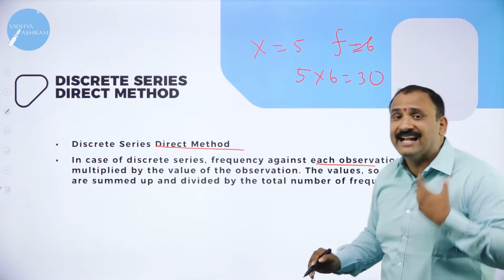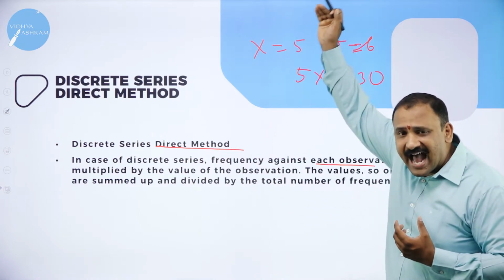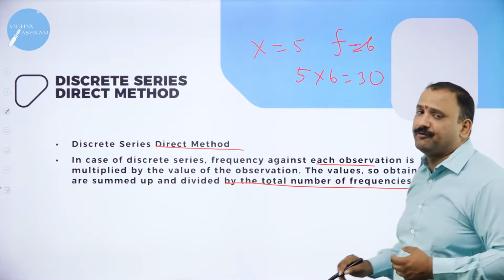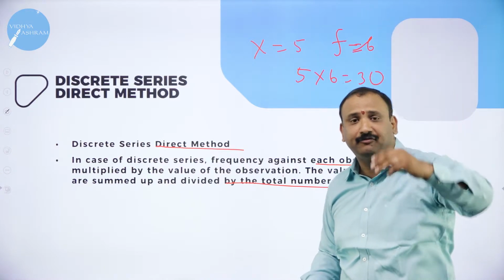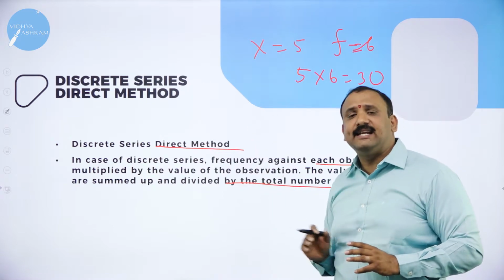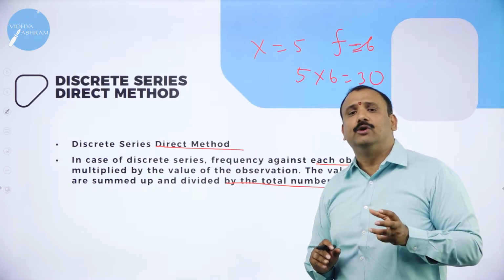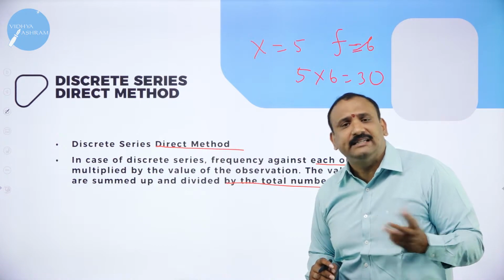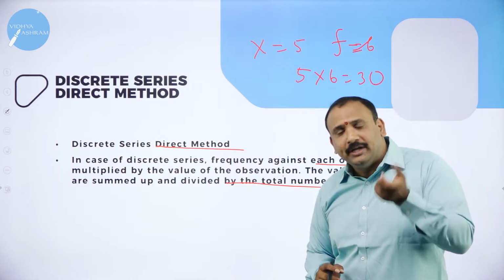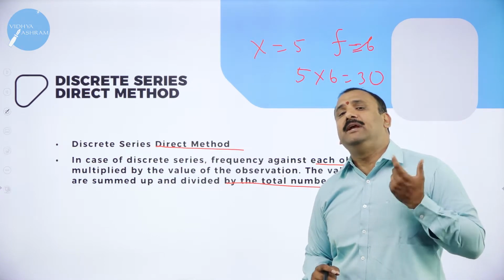The values so obtained are summed up. So we are going to add up all those values, divide by the total number of frequencies. So I'm going to total up the frequency value and finally divide it. Now this discrete series on the direct mode is something where you have a random set of numbers that is being thrown across to you and you need to calculate the arithmetic mean out of it.